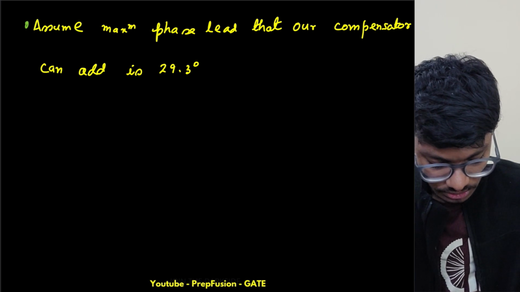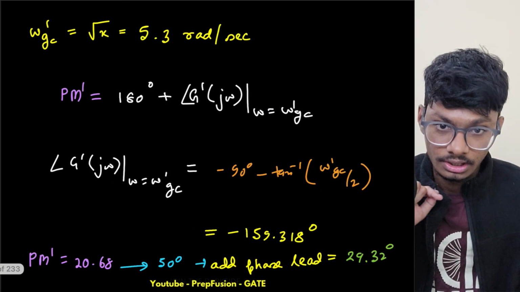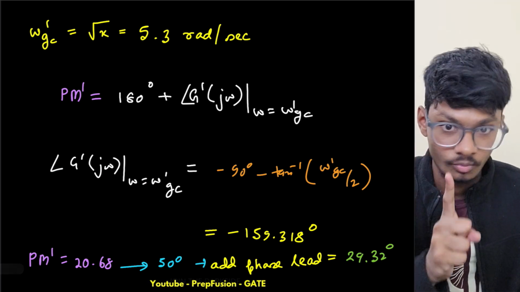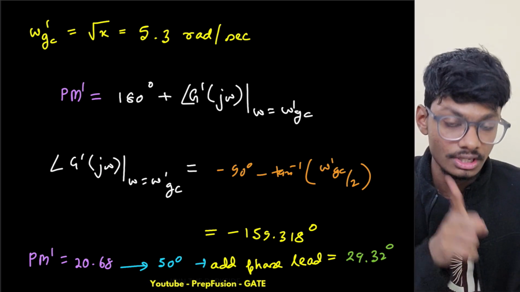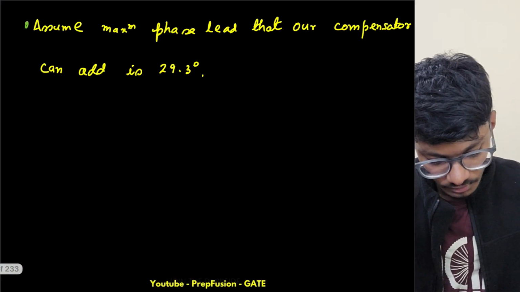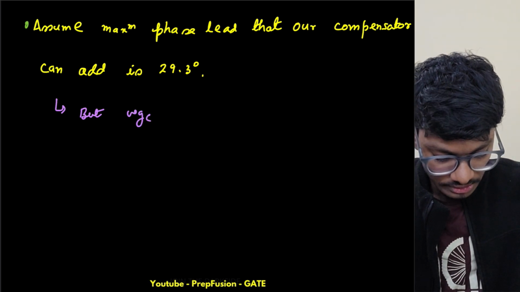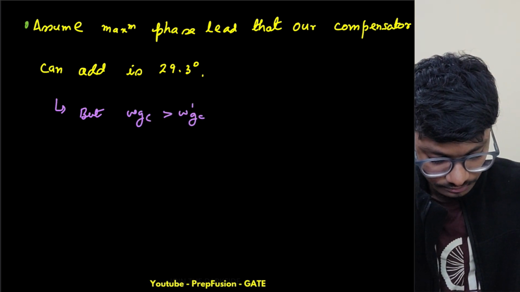Now if you assume this, what will be the problem? I have taken 29.3 degrees, but my omega gc dash is not the actual omega gc. The actual omega gc is greater than omega gc dash.